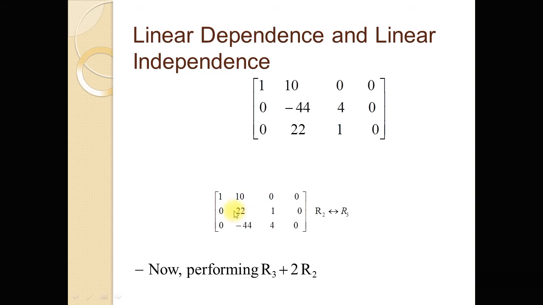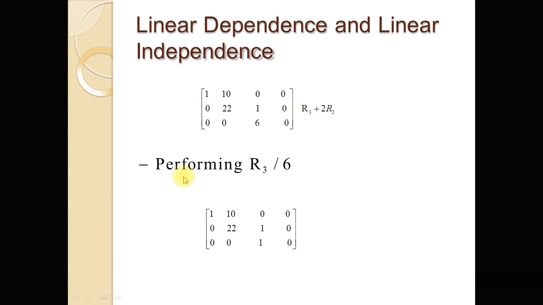Now multiplying the second row by 2 and adding it to R3, we obtain [1, 10, 0 | 0], [0, 22, 1 | 0], and [0, 0, 6 | 0]. Multiplying the third row by 1 over 6, we obtain [1, 10, 0 | 0], [0, 22, 1 | 0], [0, 0, 1 | 0]. So this is the echelon form.